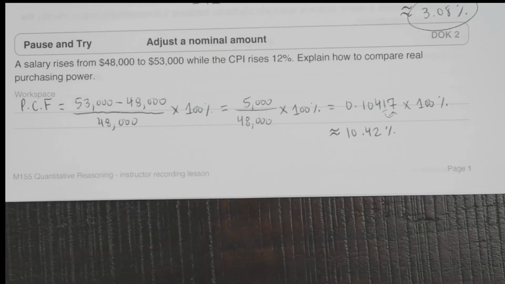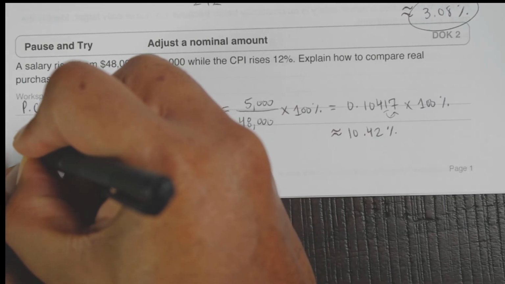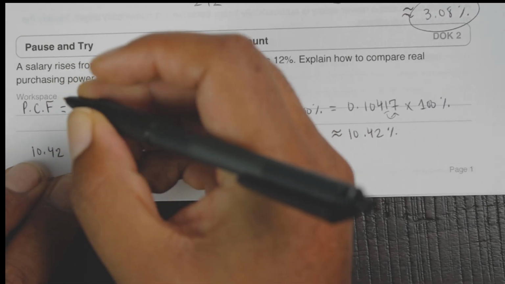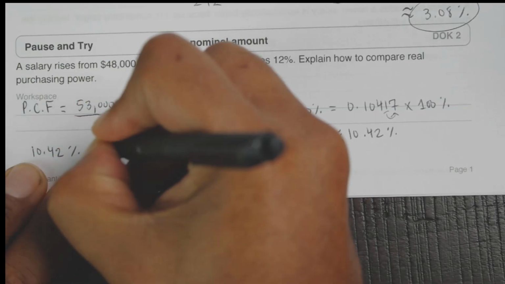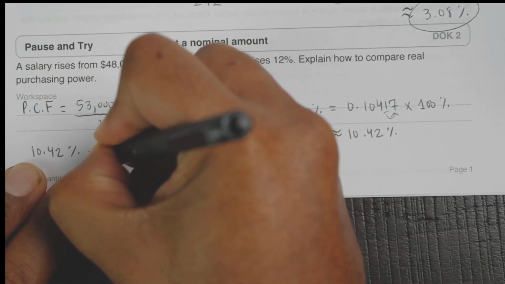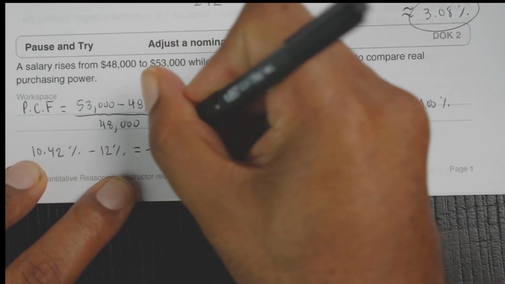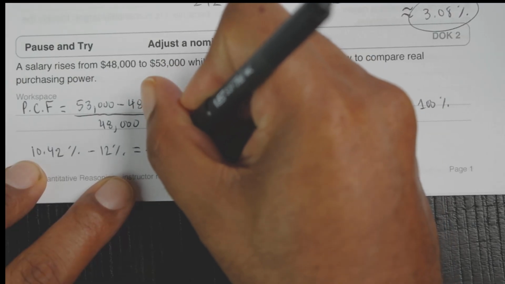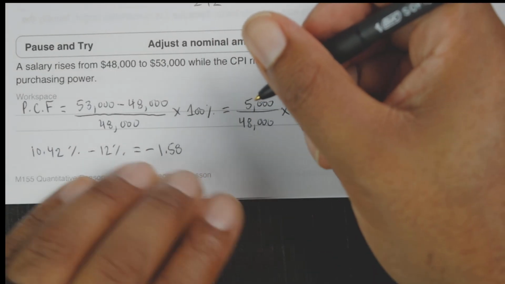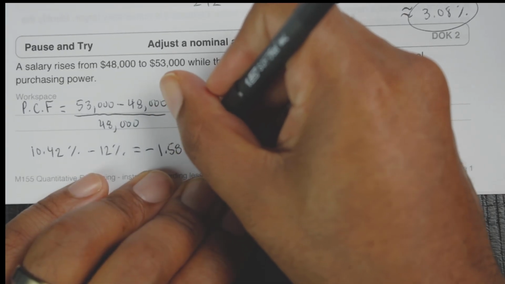So a quick comparison is essentially taking the 10.42% and subtracting the 12% from that, and we're going to get a negative 1.58 percentage points.